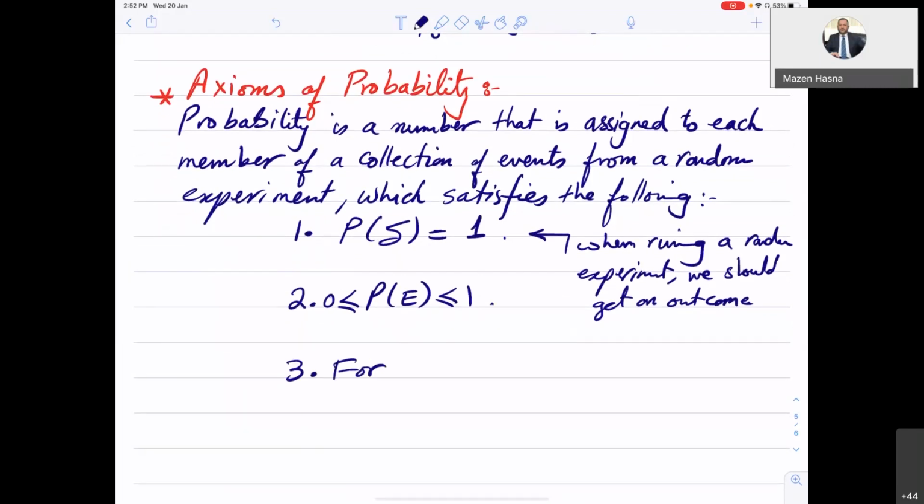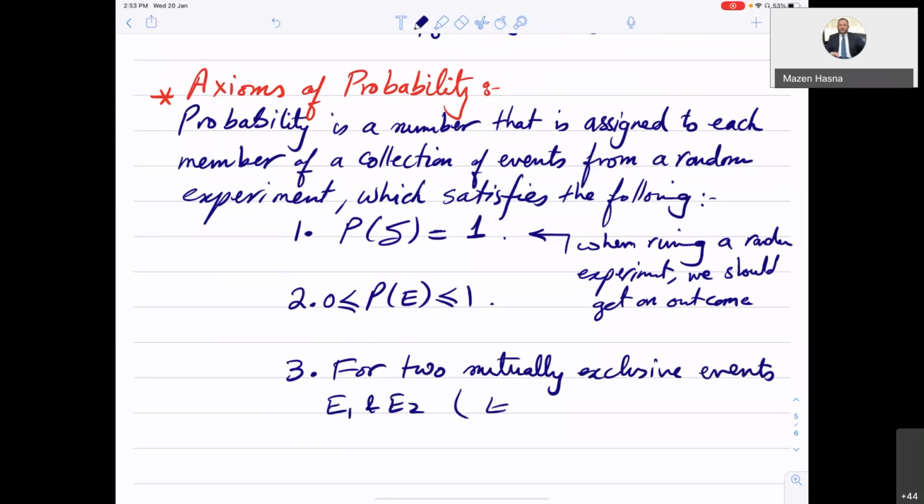Rule number 3, for two mutually exclusive events E1 and E2. Mutually exclusive means E1 intersect E2 is the empty set, right?